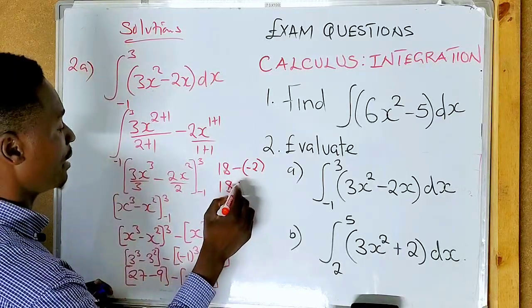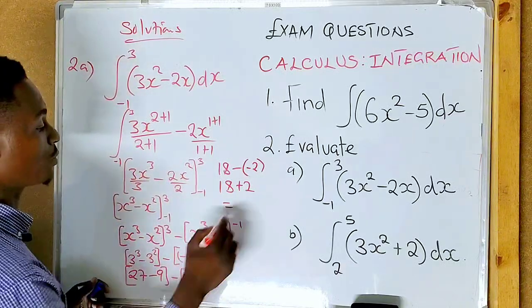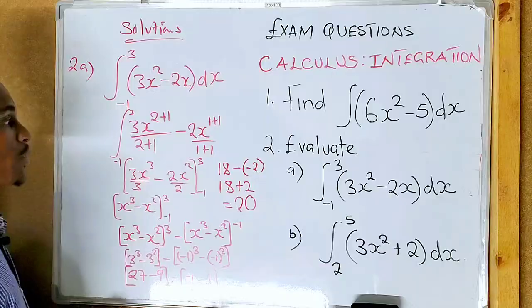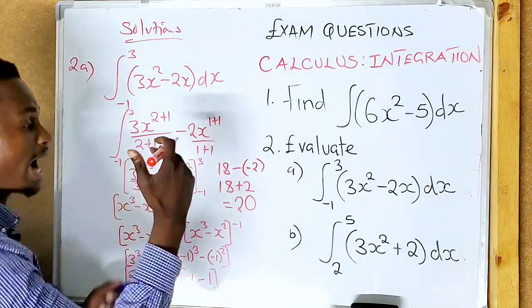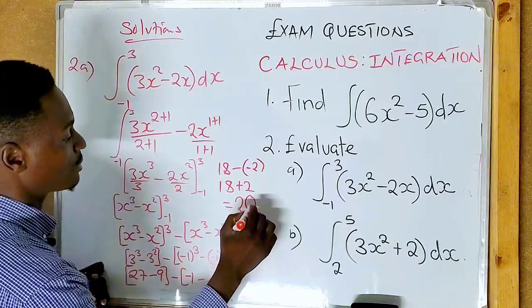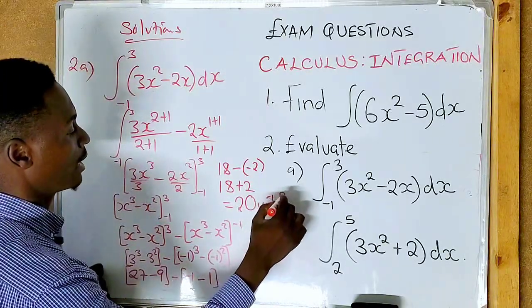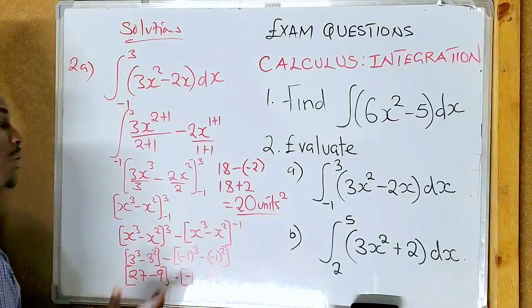Negative minus negative becomes positive, so 18 plus 2 is 20. Now, are you going to leave your answer like this? No, because finding definite integrals is the same as finding area under the curve. So here we write 20 square units. It's as simple as this.